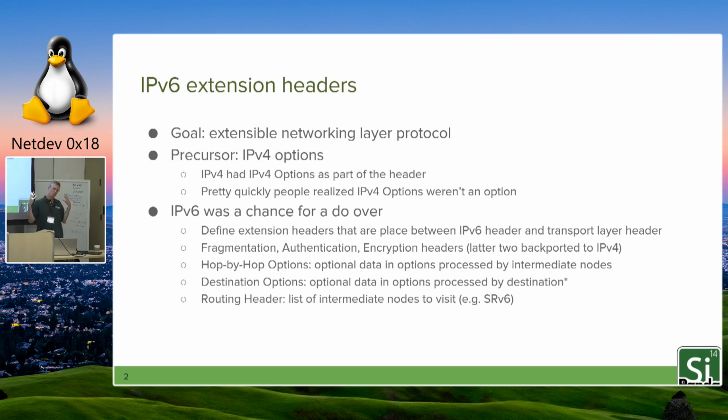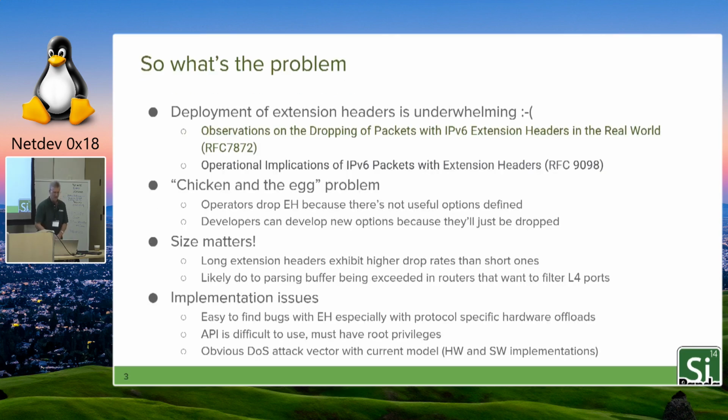This is where we still want a completely extensible IP networking protocol that can be processed by intermediate nodes for various purposes. So all of this was defined. Recently, RFC 8200 became an internet standard. And unfortunately, we're still not doing great on these.